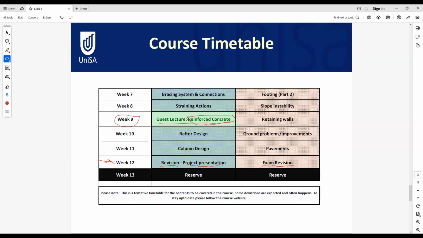Did you feel Structure 1 was hard or easy? It was hard.